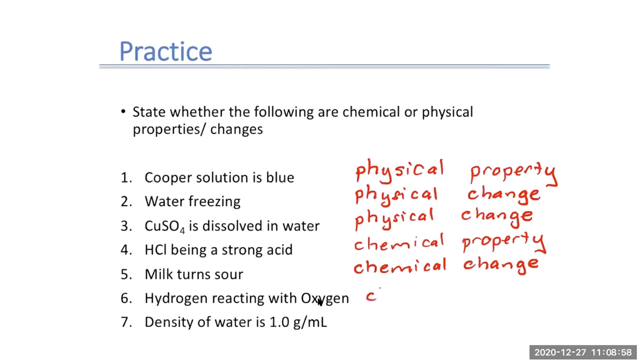So that means we're going through a chemical change. And then finally, if I tell you that the density of water is 1.0 grams per milliliter, what I'm describing to you is a physical property of water. So now you should be familiar with chemical and physical properties and changes and be able to distinguish between all four of those.